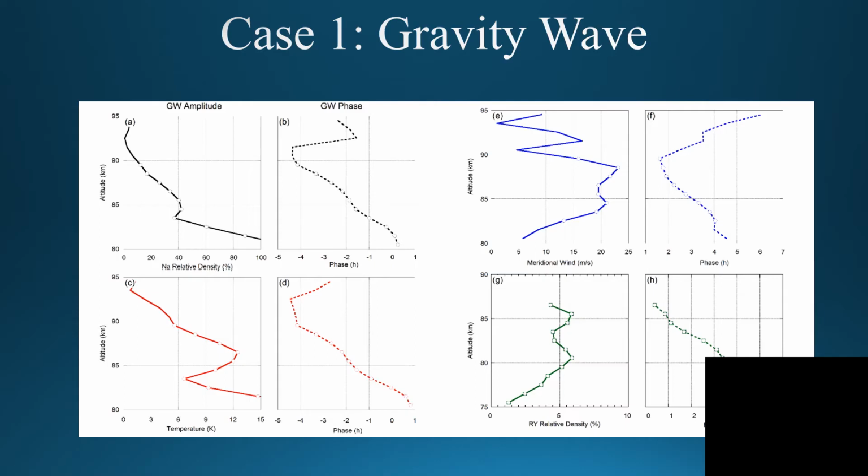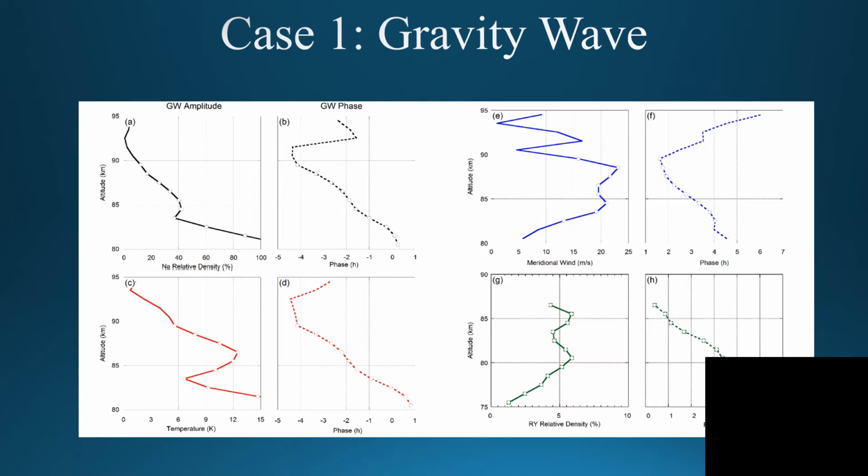We did a harmonic fit of 5.6 hours to the different measurements: sodium density, temperature, meridional wind, and the Rayleigh density. We show the gravity wave amplitude and phase in these figures. Clearly, in all measurements, the amplitude of this wave saturates around 87 kilometers.